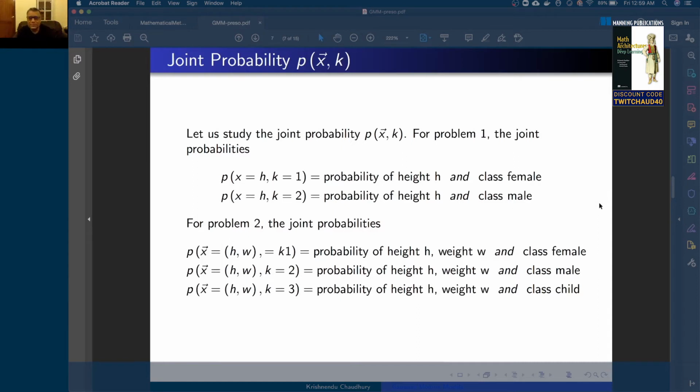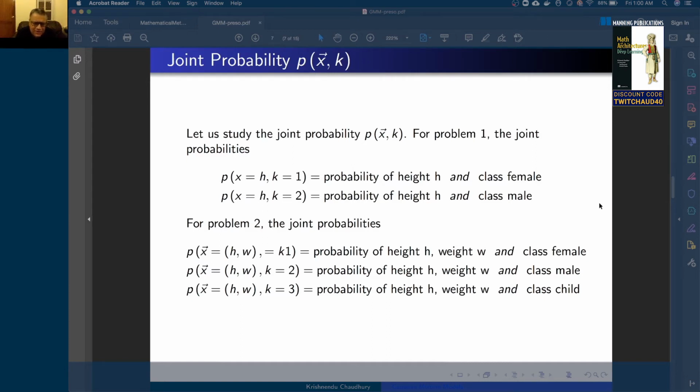So for the joint probability of a particular value of height in problem 1, the height being h and 1, this is essentially the probability that the height is h and the class is female. Similarly, probability of h comma 2 is probability of height h and class male.